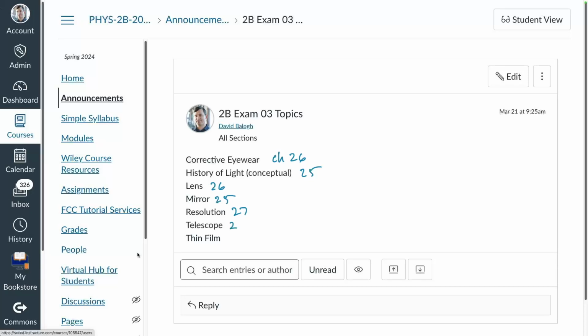Telescope was 26, I think. Yeah, and thin films was 27. So we're like 26 heavy, right? 3 out of the 7 coming out of chapter 26. That seemed reasonable to me just because 26 was like a big thick chapter. Like it really was. It had a lot of stuff going on.